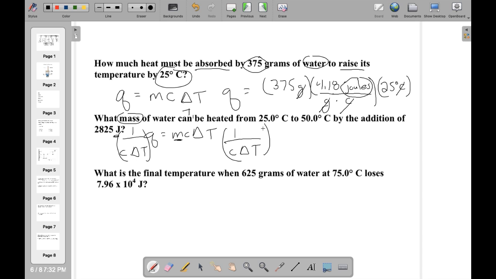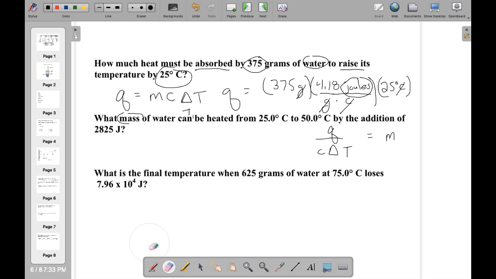So I would do it there also. Okay, this is all going to cancel. So really on this side, I'm going to get m. And on this side, I will get Q over c delta T. I'll just say cat, because I like to say cat, because they're cool animals. And if it makes you feel better, you can rearrange it and write it like this: m equals Q divided by c delta T. Because I always kind of like it on the left, but it means the same.